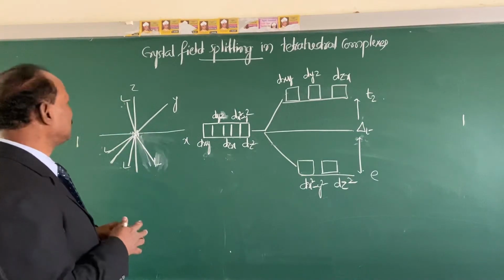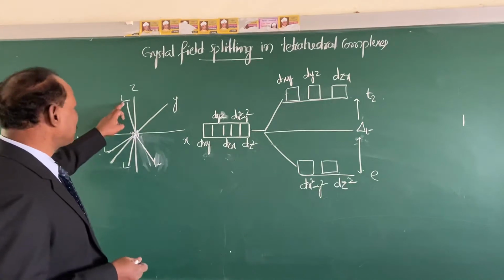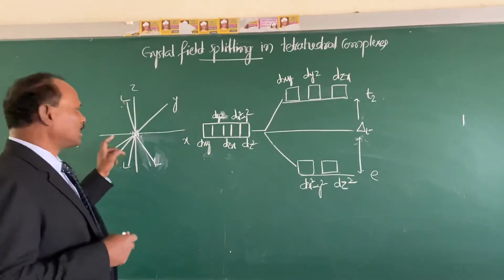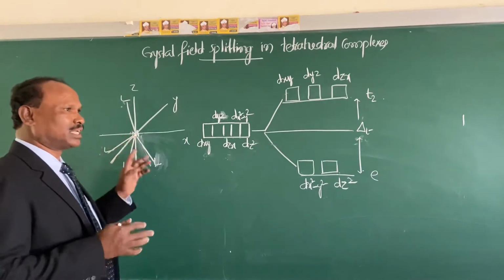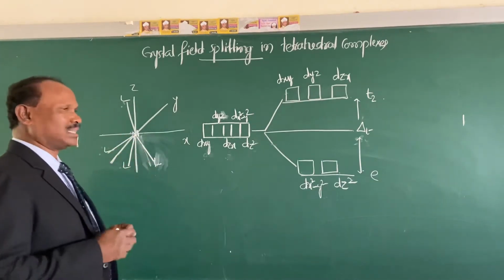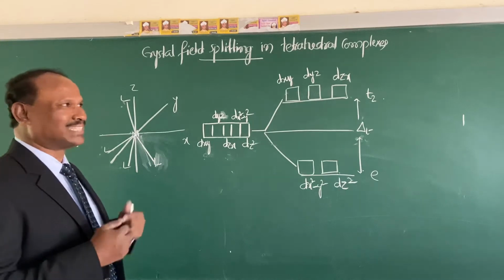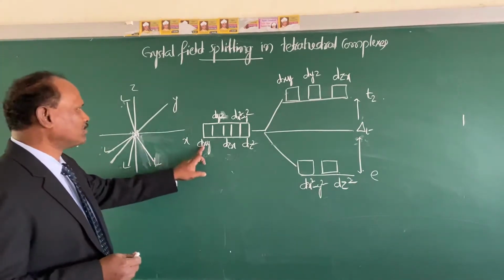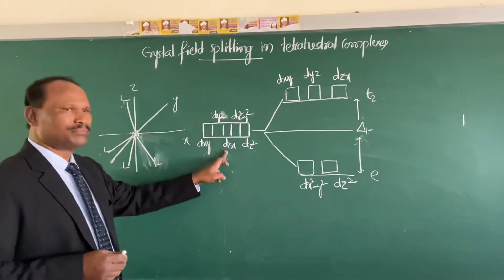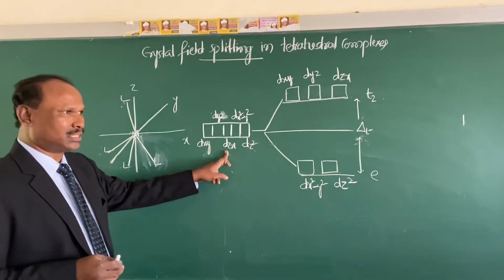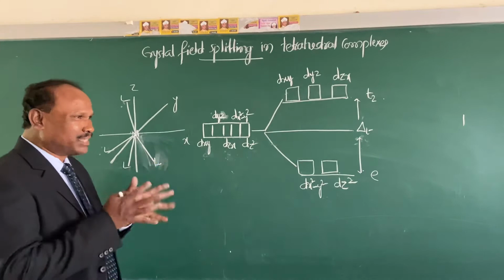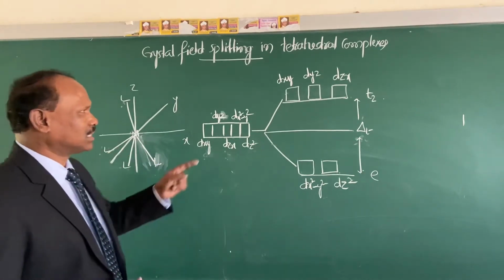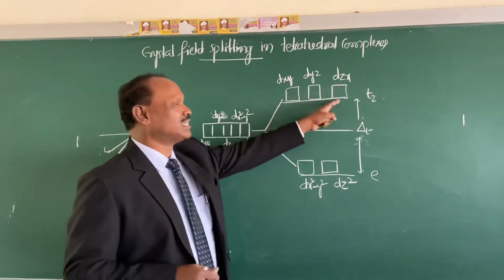That means the orbitals of the central metal ion which are there between the axes suffer maximum repulsion. Which are those orbitals? dxy, dyz and dzx orbitals, which are there between the axes, suffer maximum repulsion and hence they are raised in energy.